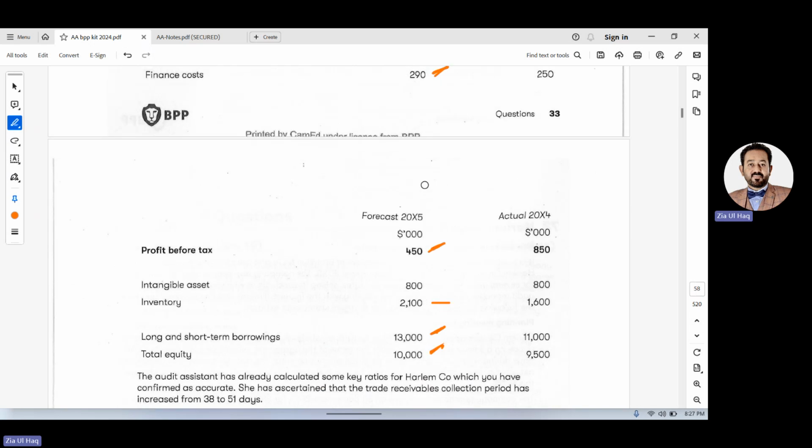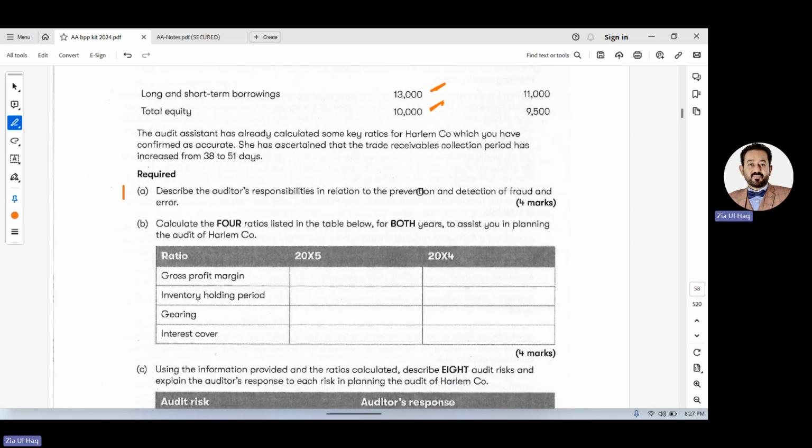But the requirement was just to calculate these ratios. So requirement A, requirement B done. There are 4 marks for calculating these ratios only. It's not relating to audit. To calculate these ratios is not audit. It's just accounting, and examiners are gifting you 4 free marks in the audit paper.